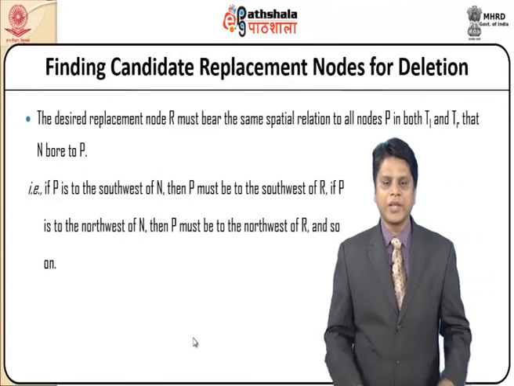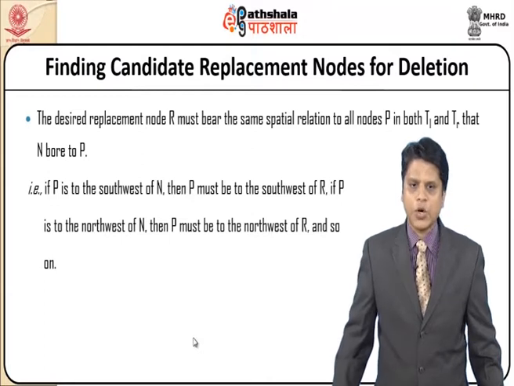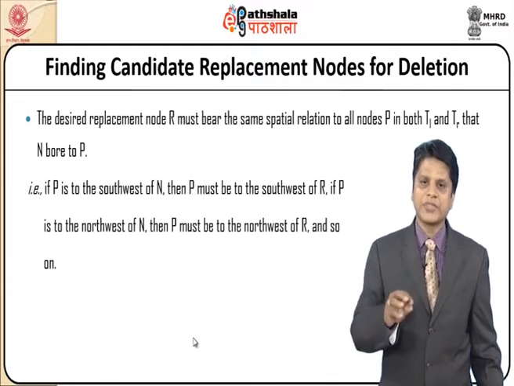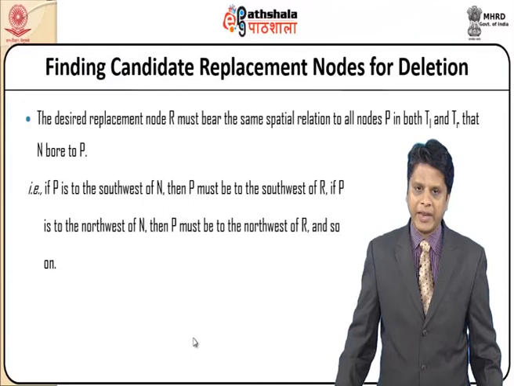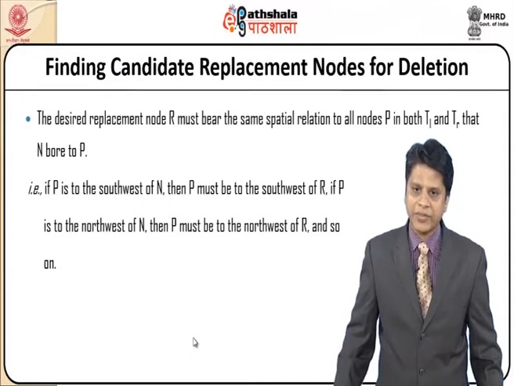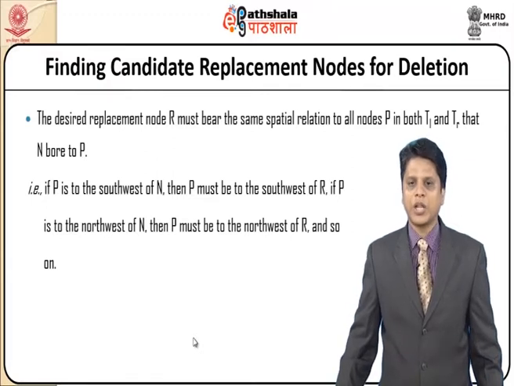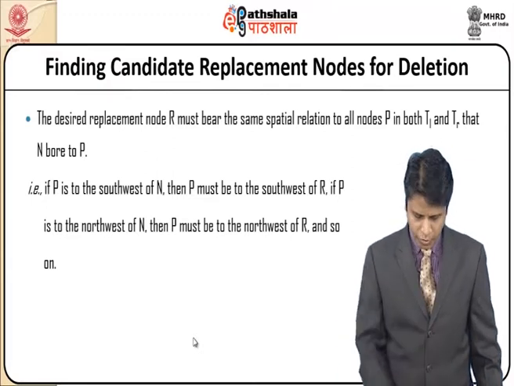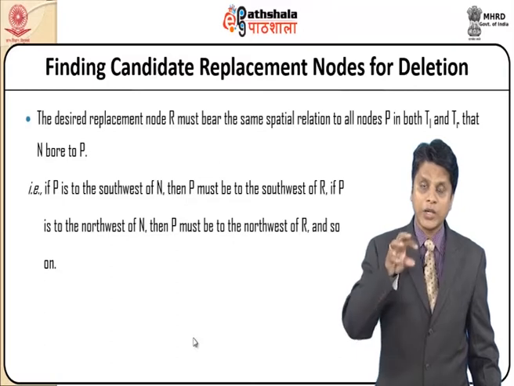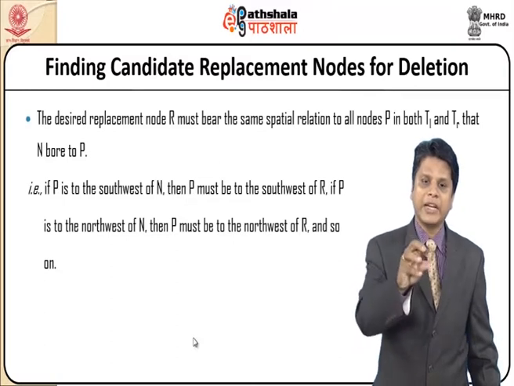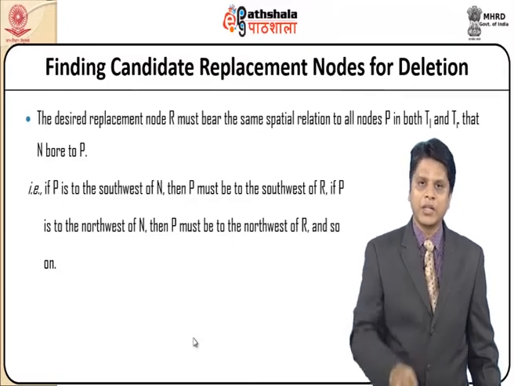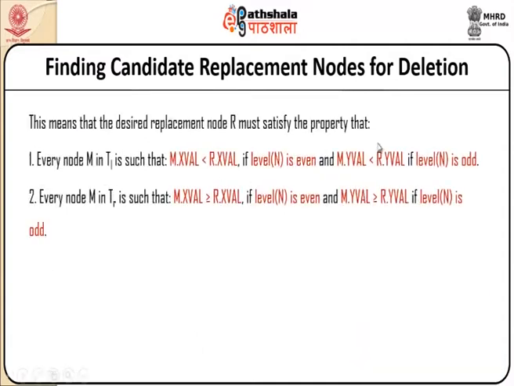That is, if P is to the southwest of n, which means in terms of direction southwest of n, then P must be on the southwest of R. If P is on the northwest of n, then P must be on the northwest of R, and so on we go. Since we are talking about spatial location, we have identified southwest and southeast, northwest and northeast.